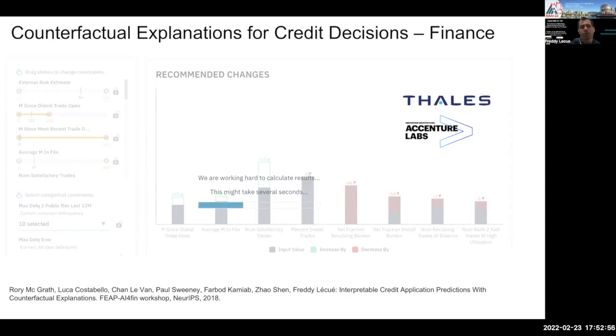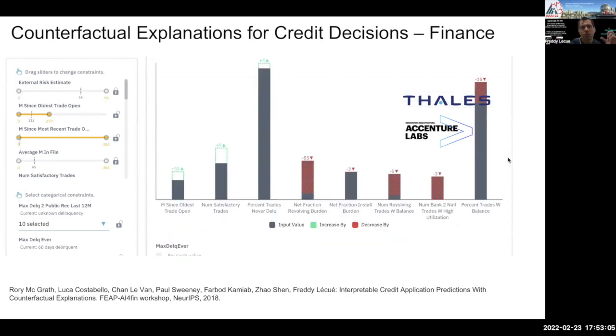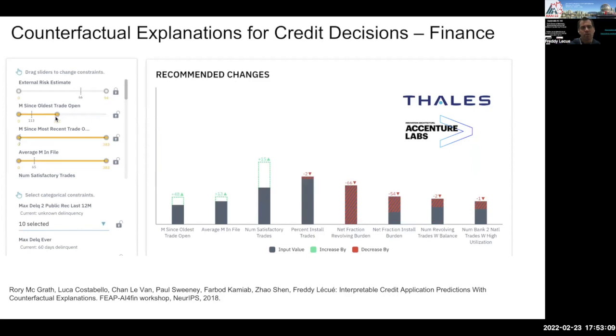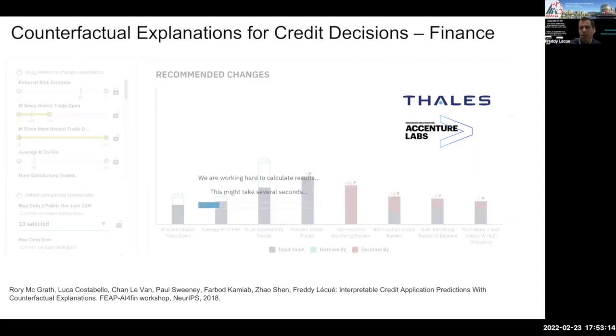If you can't change it, then you just lock that feature and say, okay, do me a counterfactual explanation, but don't change that feature. Then those won't change, and you only see the ones that change over here. So it's a pretty good example of what counterfactual is and how it could be used for explanation.